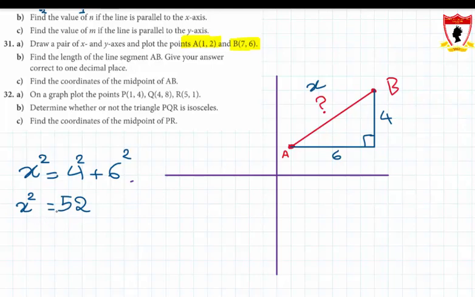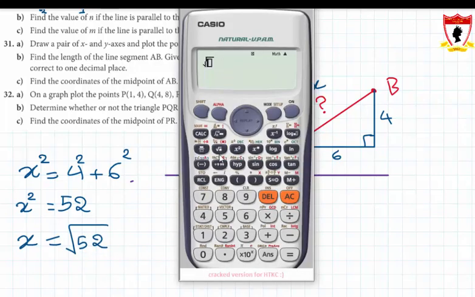But do we need x squared? No, we just need x. The length of AB is x, as we named here. How can we get rid of this power 2? By taking the square root. Then the square root of 52 is equal to 7.211.